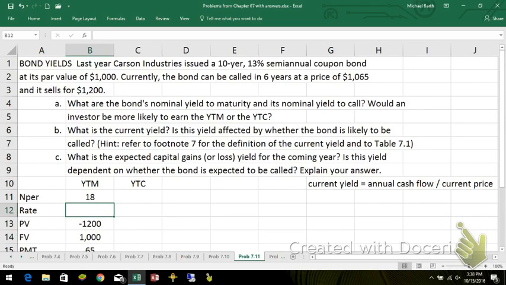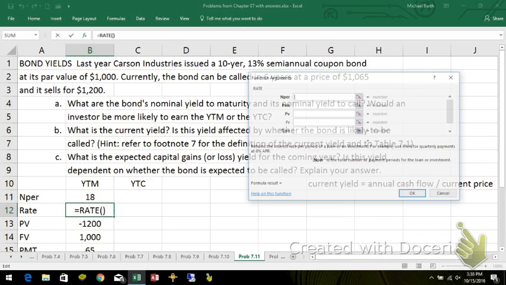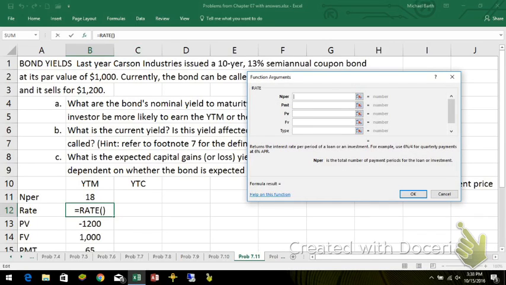If I solve for rate here, what I'm going to get is the semi-annual rate. That's okay, I can adjust that to an annual number. The number of periods is 18. The payment is $65 every 6 months. The current price is $1,200.